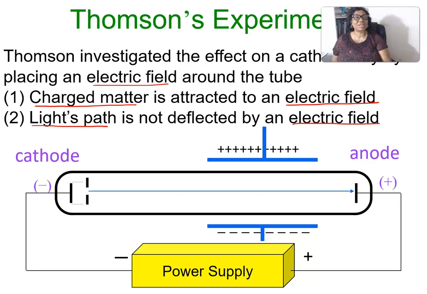Why was it called a cathode ray? Because it was always going from the cathode to the anode, attracted to the anode. And when he applied an electric field, it was deflected, which shows that it's not light. It's a particle of matter.